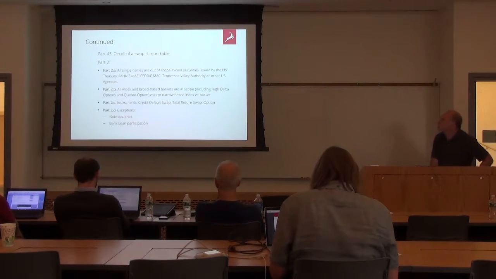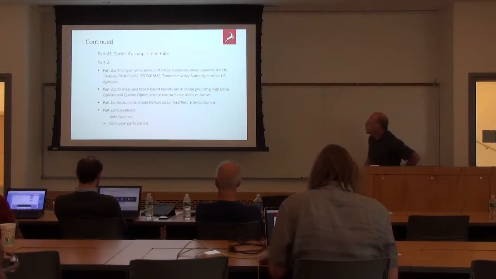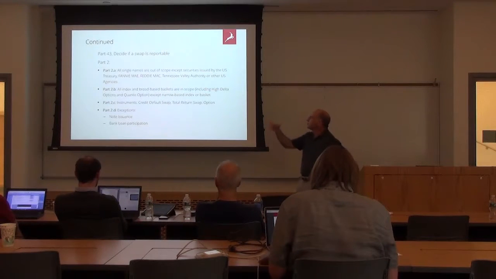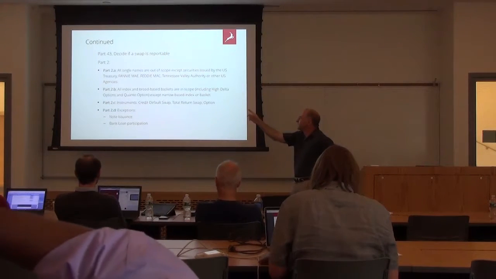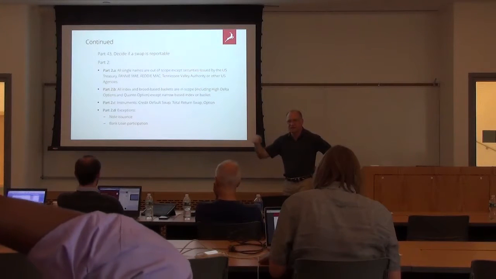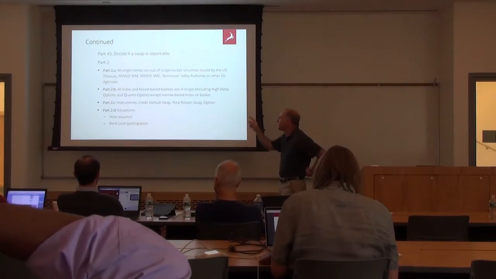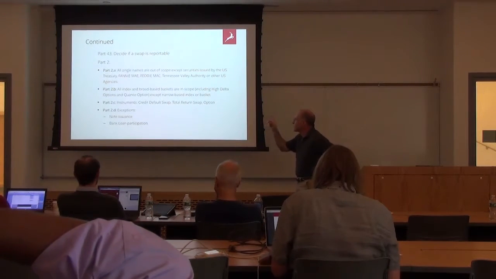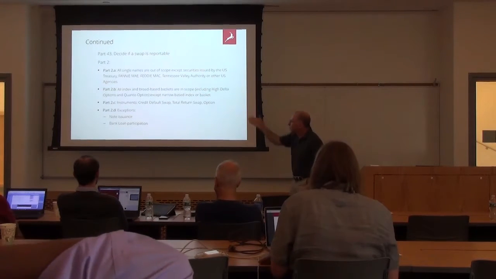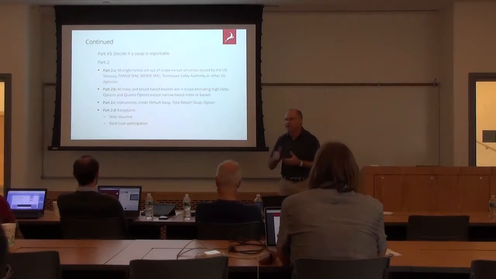And then this is part 2, again the same type of text. Single names are out of scope, except for all of the SFEs, GFEs, Fannie Mae, Freddie Mac, et cetera. Indexes are out of scope except narrow-based. What I found over and over again is they have exceptions, and then exceptions to the exception, and exceptions to those again.